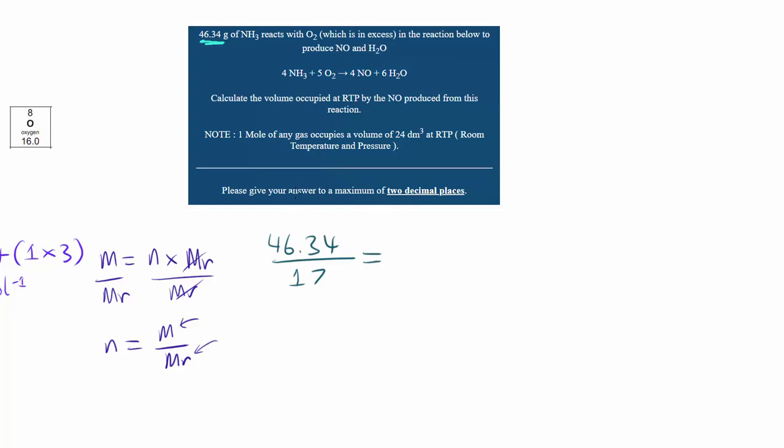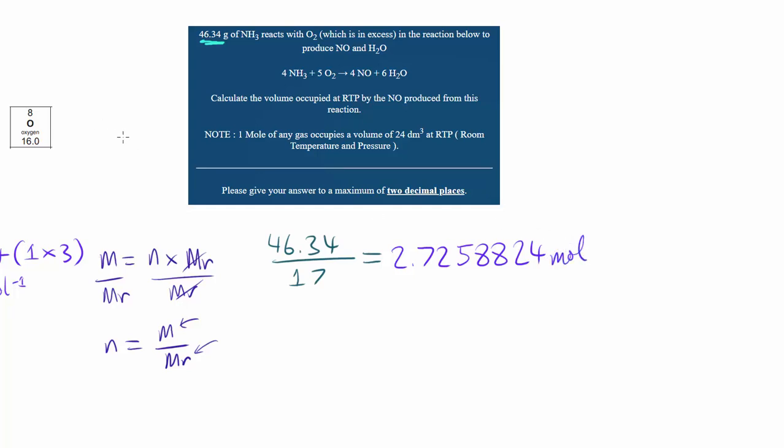This gives the number of moles for the NH3. If you work that out, that gives 2.7258824, and that's in moles.